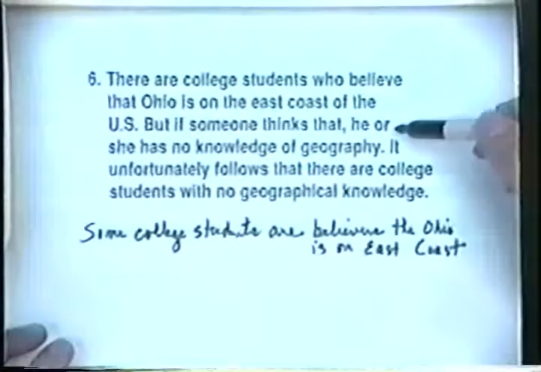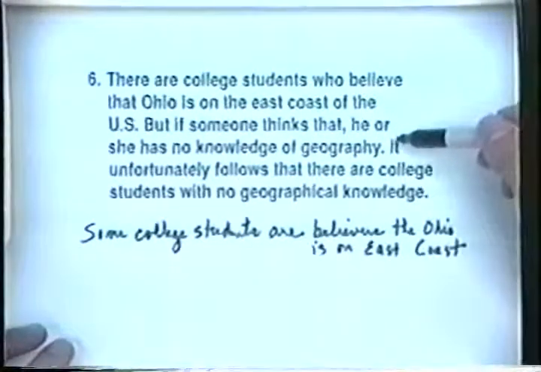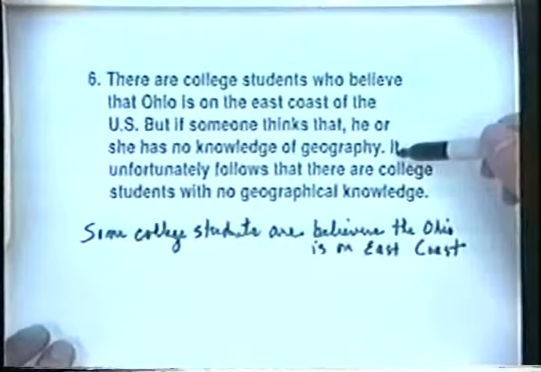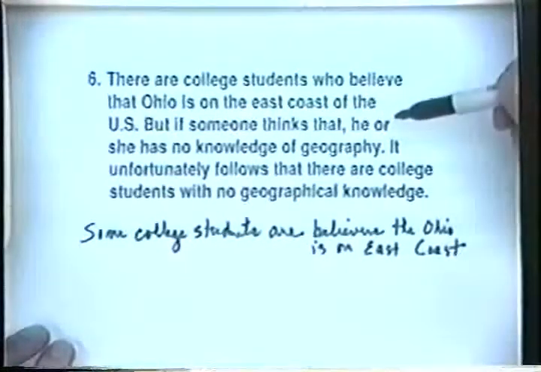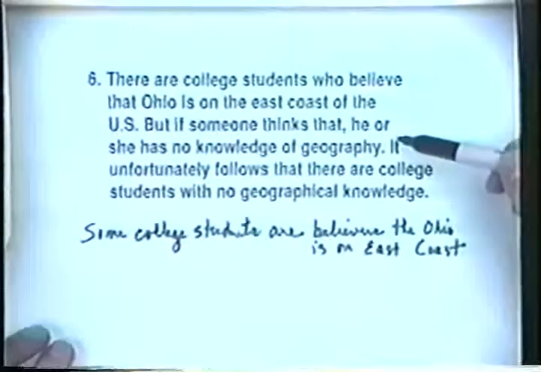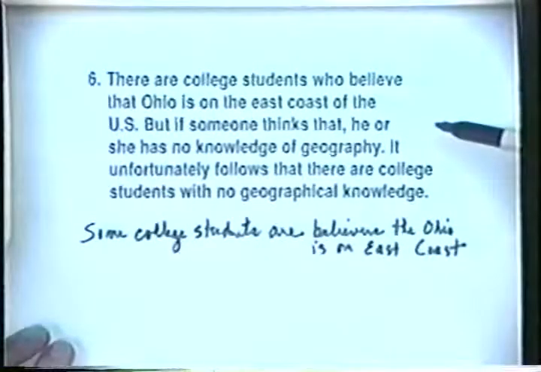Now the second premise, but if someone thinks that, he or she has no knowledge of geography. How are we going to do that? Notice if someone thinks that is a general claim. So we need the quantifier all. All what? All people who believe that Ohio is on the East Coast. Are what? Are people with no geographical knowledge.